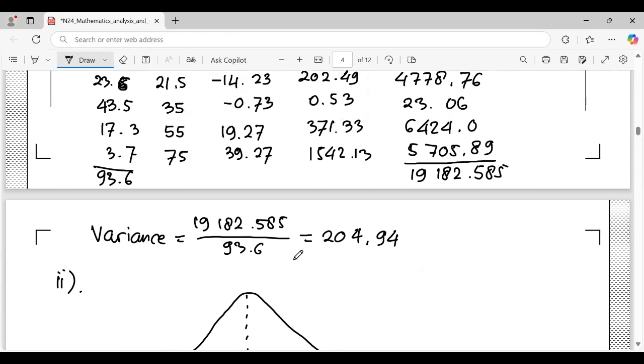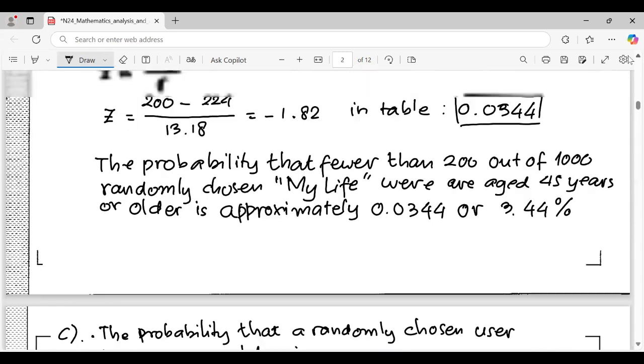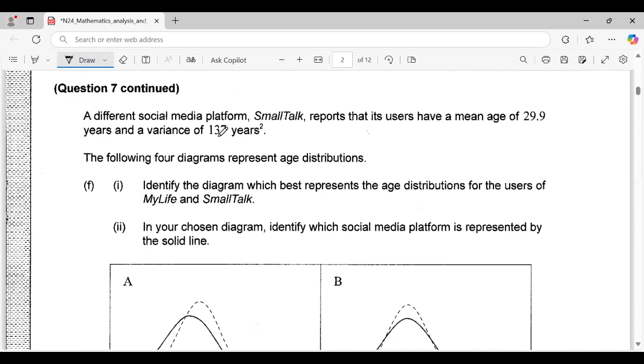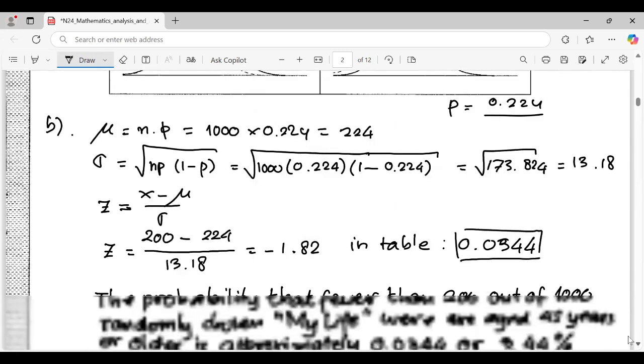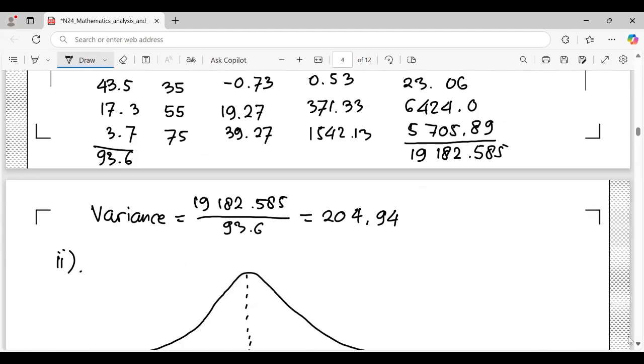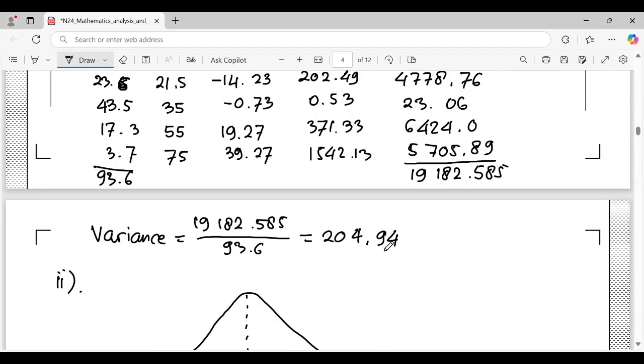If you compare with my life variance, 204.94, the small talk variance is 137.